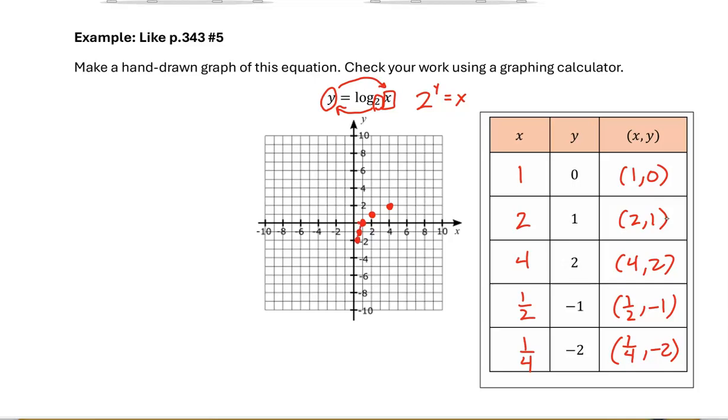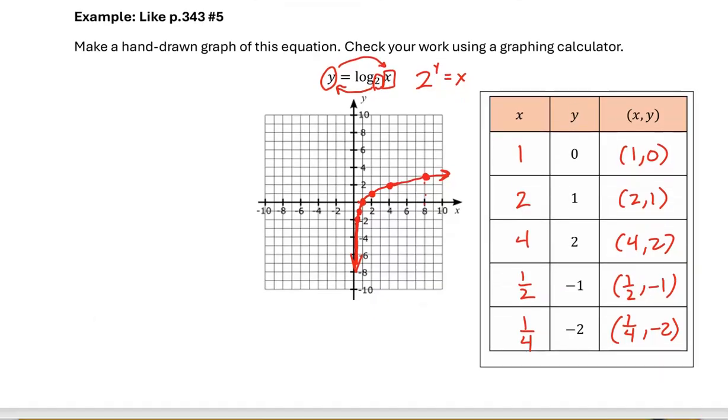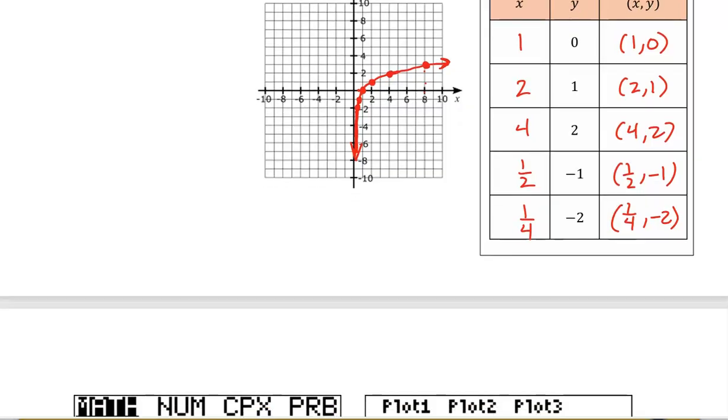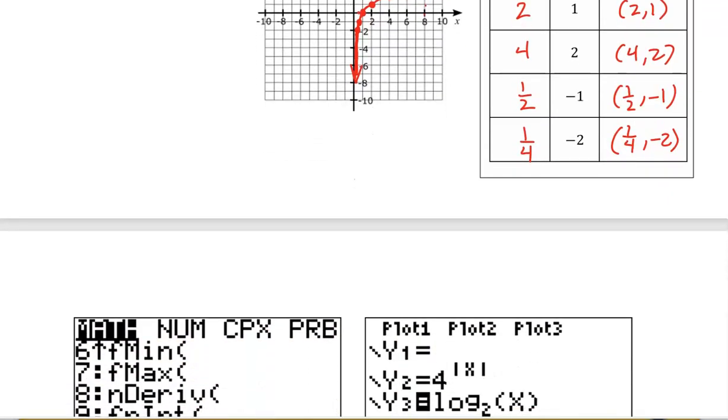So again, you see what we said earlier, this vertical asymptote on the left side of the y-axis, and upward as we go to the right. And I probably could even figure out that it's going to be 8 and 3. Okay, so 3 and 5, that's pretty much what you're doing, looking at the graphs of those inverse, which are logarithmic type functions.